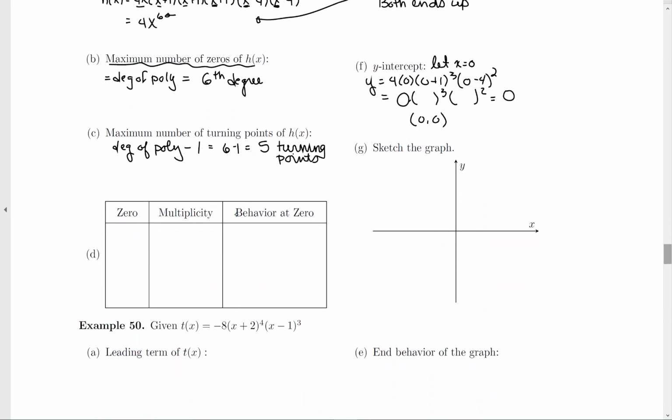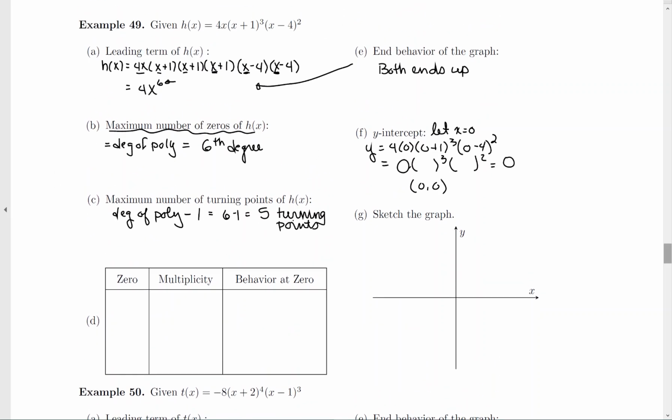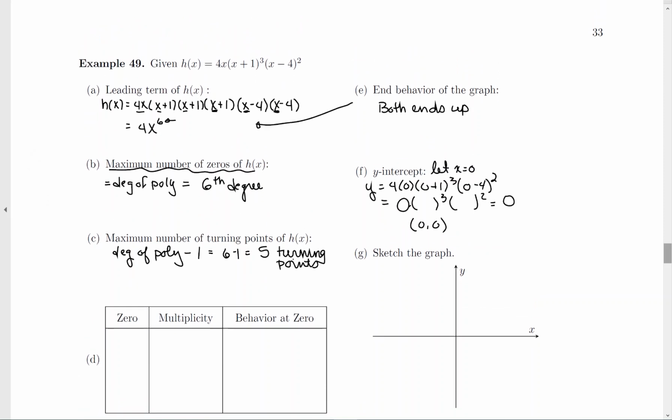The zeros, multiplicity, and behavior at the zeros: we're looking at the x-intercepts now. So coming back up here, we're going to set the function equal to 0. So 0 equals 4x times x plus 1 cubed times x minus 4 squared. Set each factor that has an x in it equal to 0, solve for x.